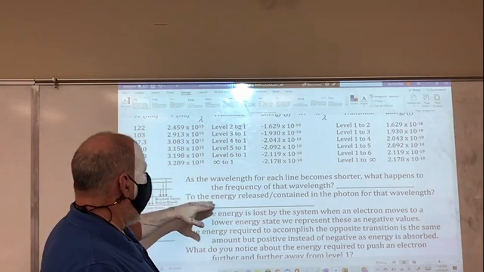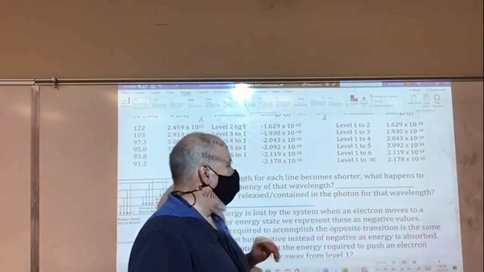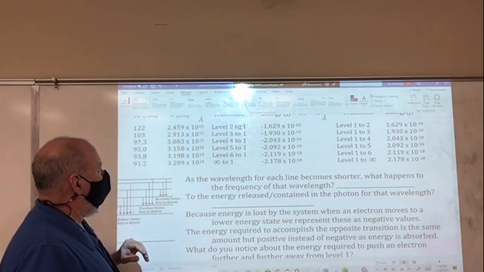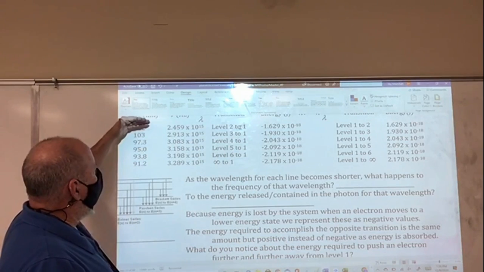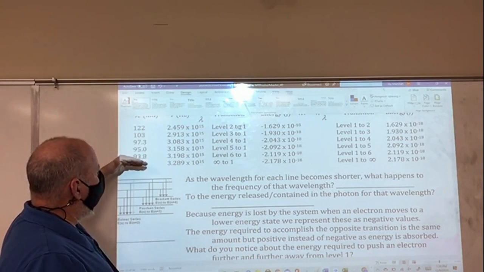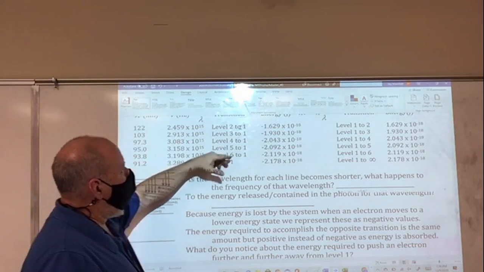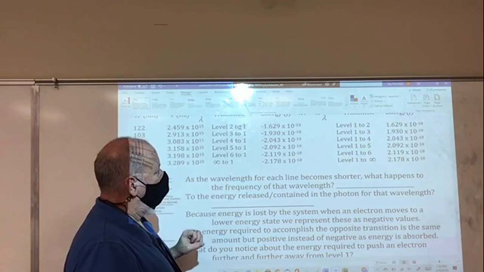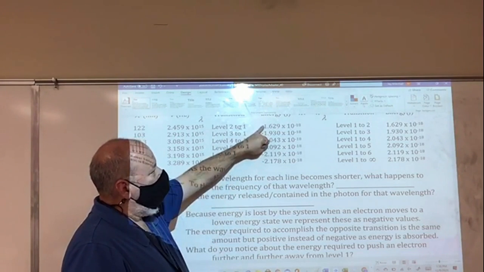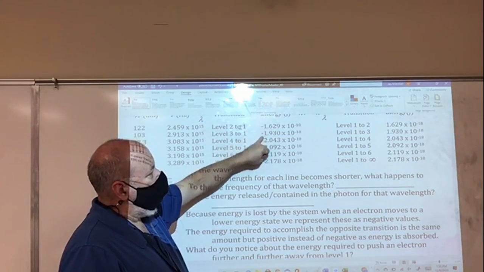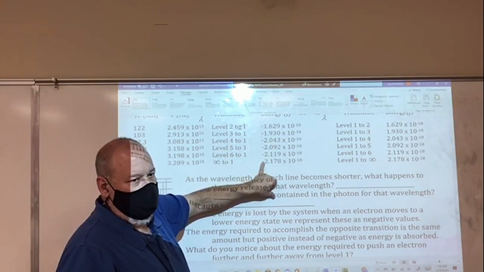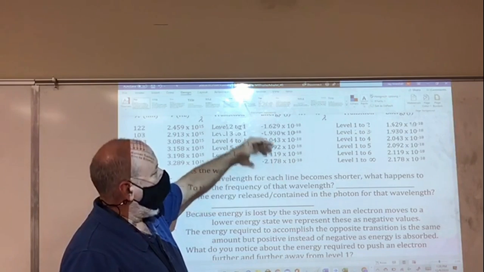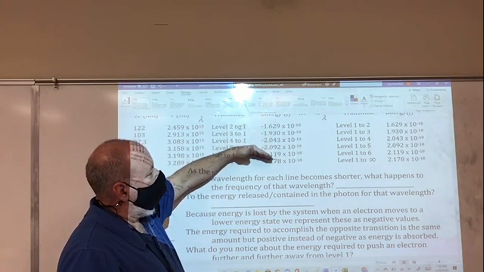What happens to the energy released in the photon for that wavelength? If I go from longer wavelength to shorter wavelength, what happens to the amount of energy that's released? It decreases. Okay? I would argue that it increases, but in a negative direction, I guess. So we're going to have to make a distinction here.